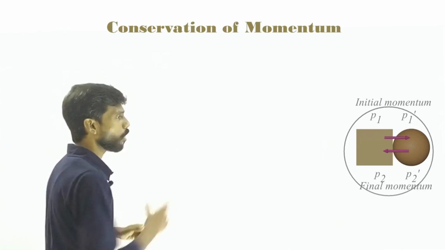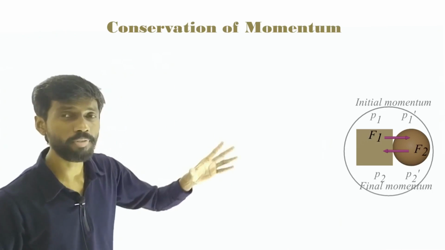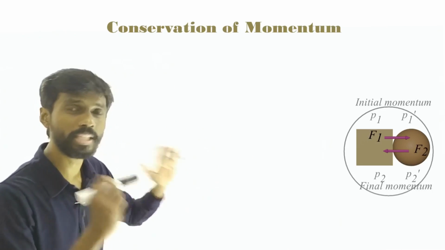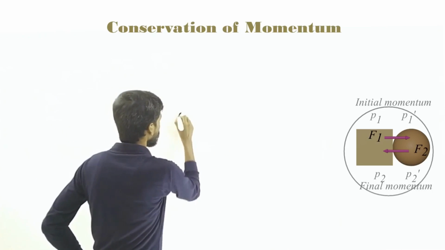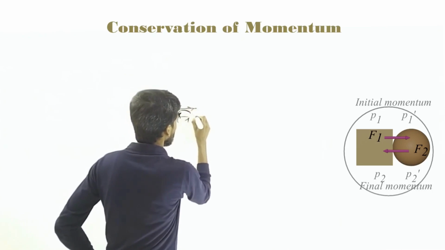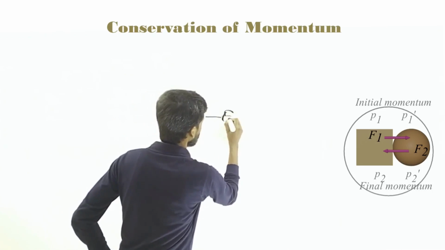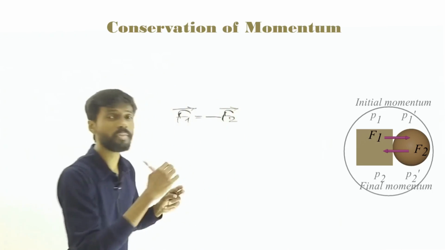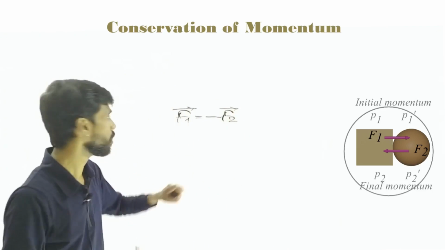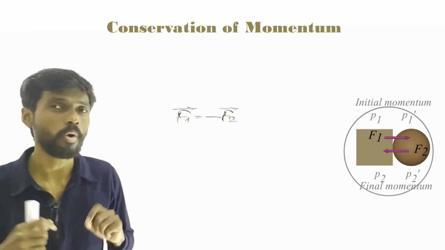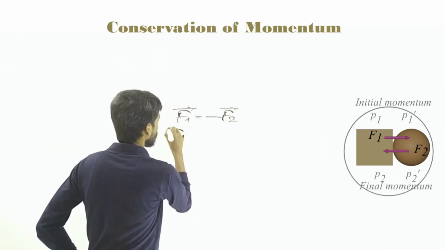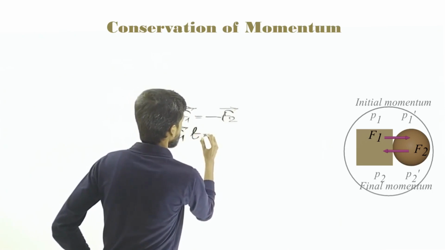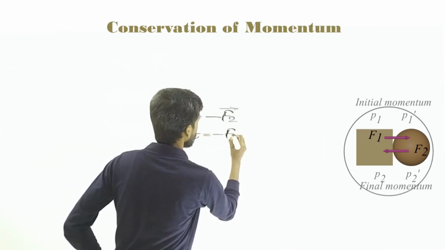See, we know that this exerts some force F1 and that exerts force F2, but these two forces are related. So we know that the force F1 equals the negative of the force F2, because they are of equal magnitude but opposite in direction. So F1 equals negative F2. Now you multiply both sides by the time duration T for which these two forces act on each other.